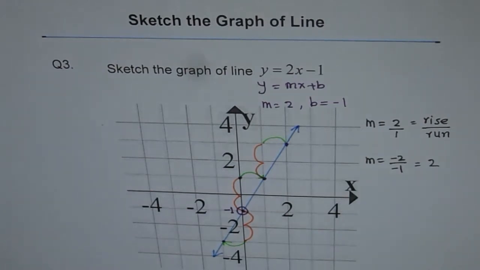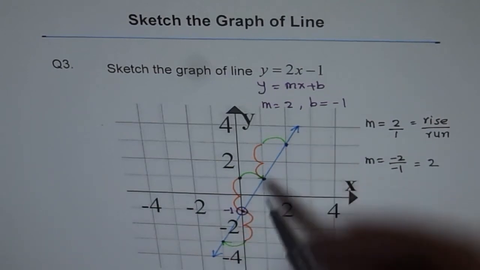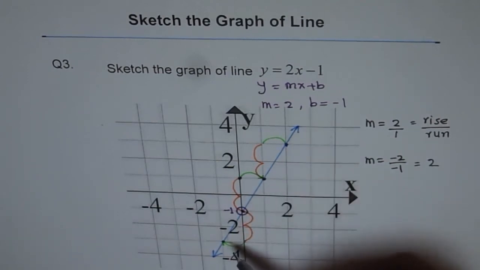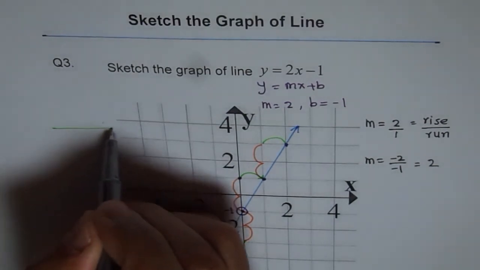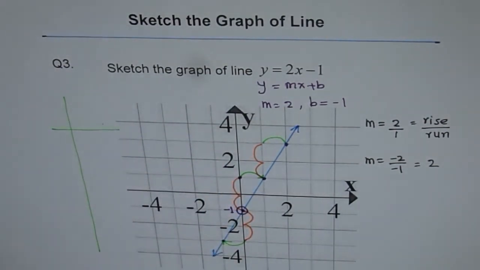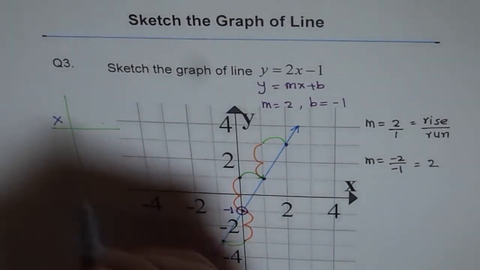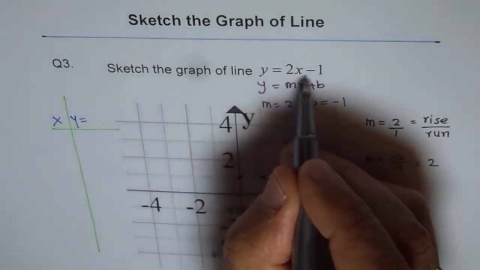Now I will teach you an alternate way of doing the same thing, correct? This was probably the best and the easiest way of sketching a graph of a line, which you can always do. The second is to make a table of values, correct? So let's make a table of values for the given equation, right? Here we'll make two columns, one for x, the other one for y. Now we say y equals 2x minus 1.